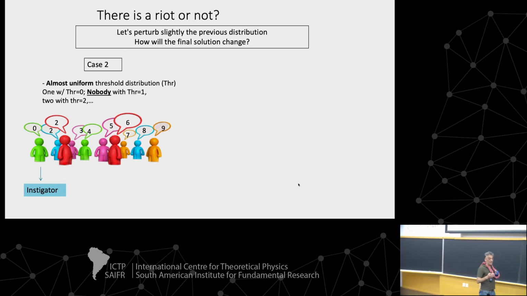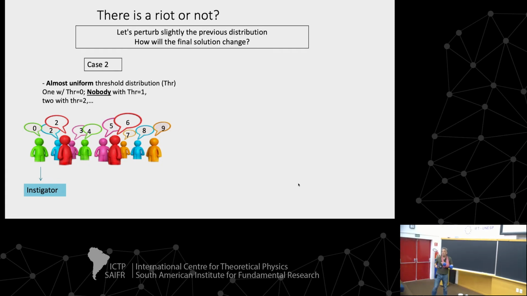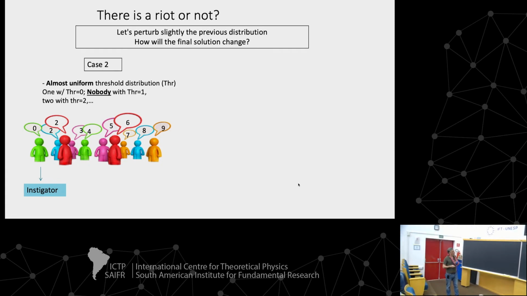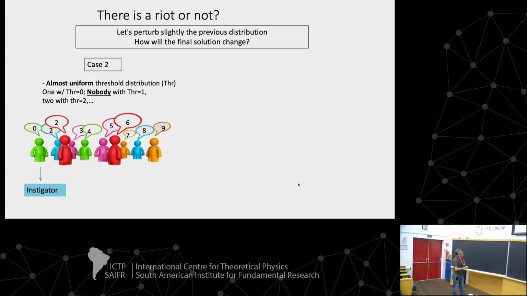Case 2. Is this solution stable? For instance, if this distribution is slightly perturbed, we have almost a uniform threshold distribution, but with the bad luck or the good luck that there is nobody in this square with threshold 1. What happens?